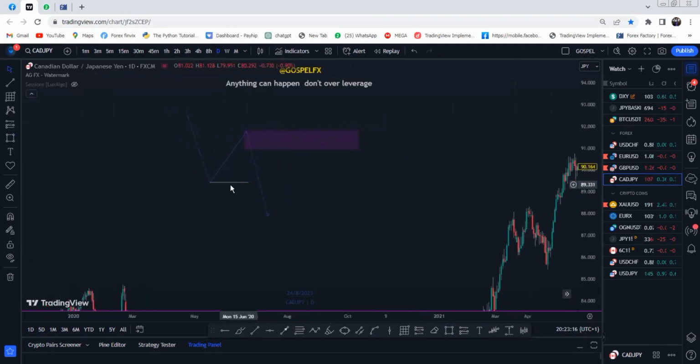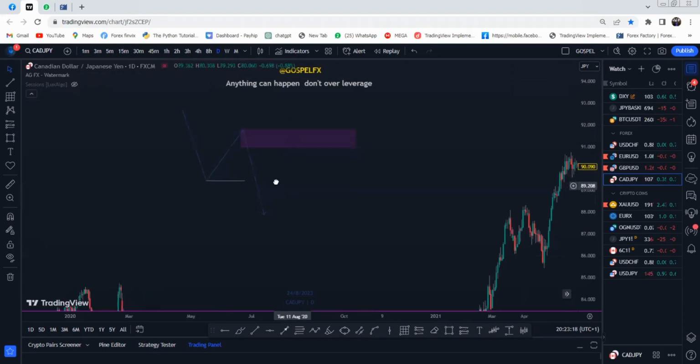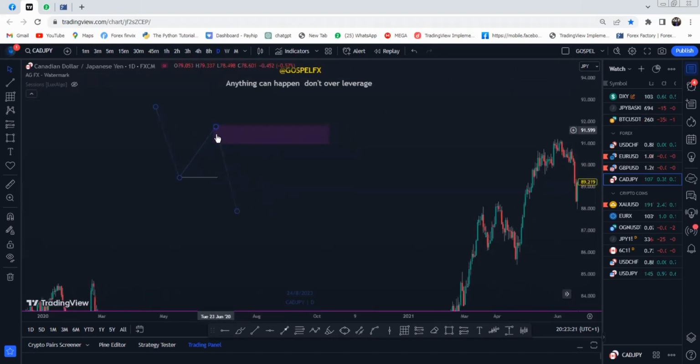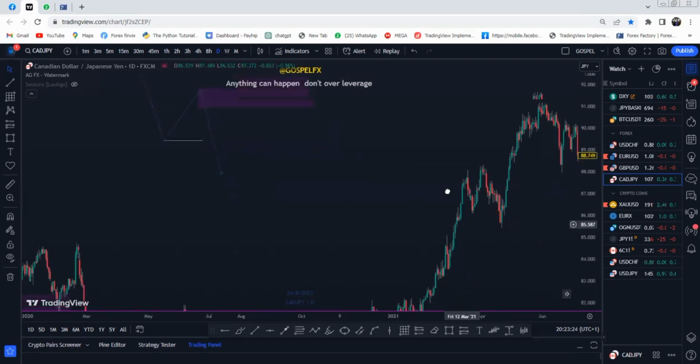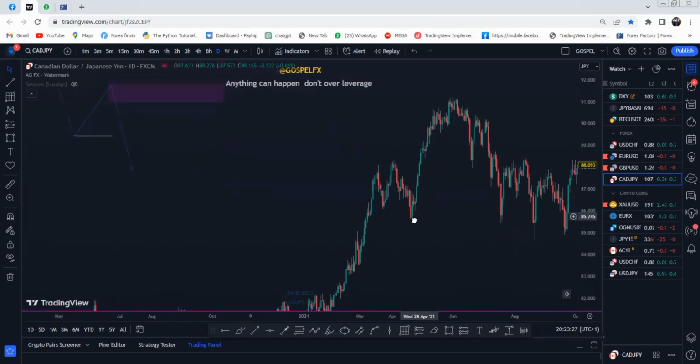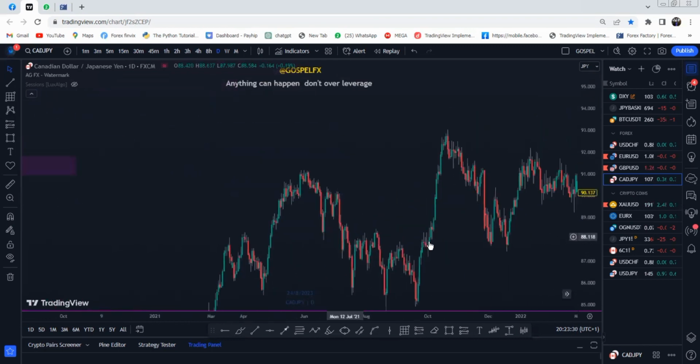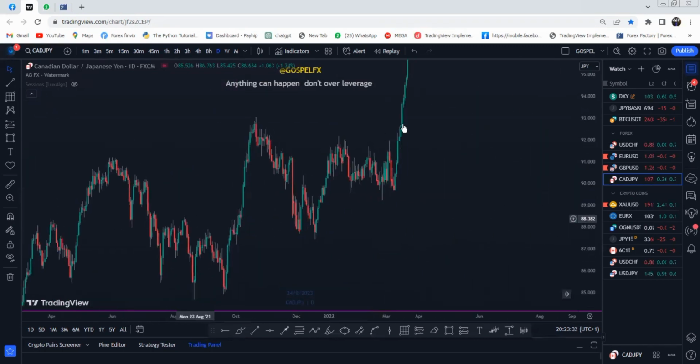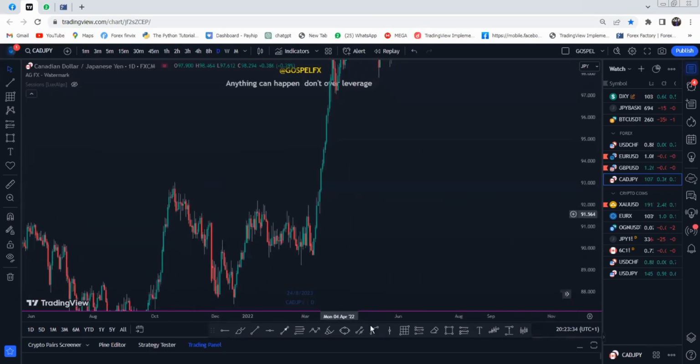Now, the first rule is that price should break structure. And the second rule is that the move that breaks that structure should be made with long candles like this, a very clean move with huge candles. So when price broke this structure, we had a break of structure, and the move that started to break it was from here.